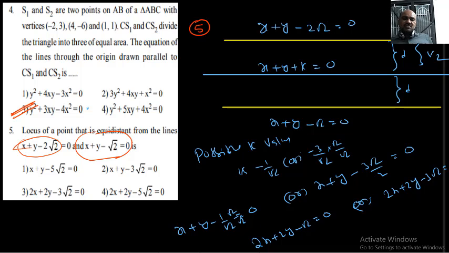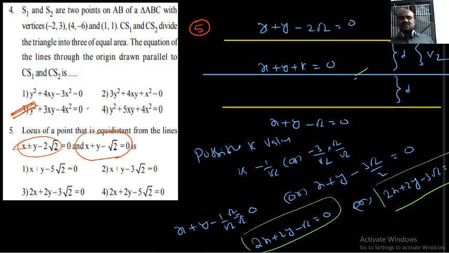Now we want to decide which is the required straight line. So I think 2 won't be, because only one unique line exists between these two. According to the options this is correct, but how can you rule out this equation? That is the important thing. Even though this equation is not given, we can rule it out.